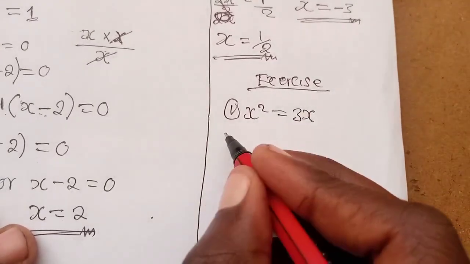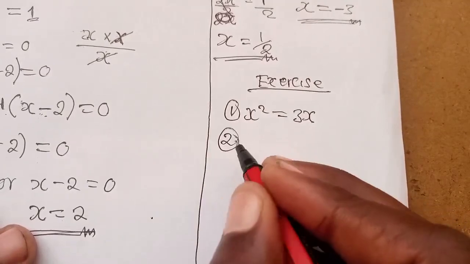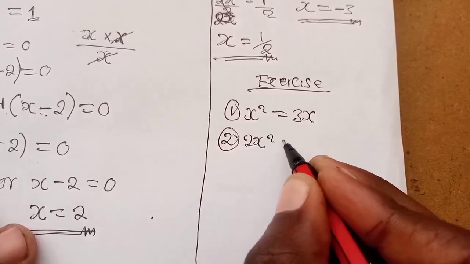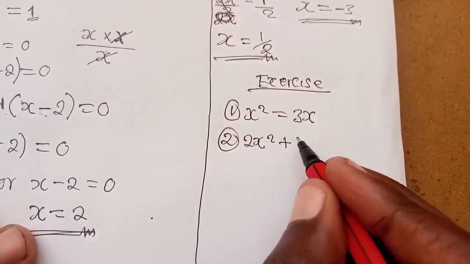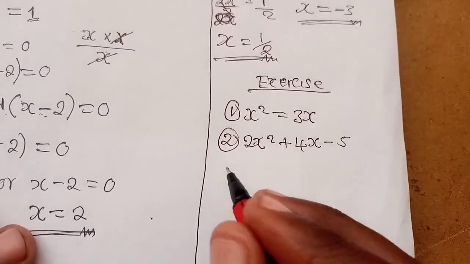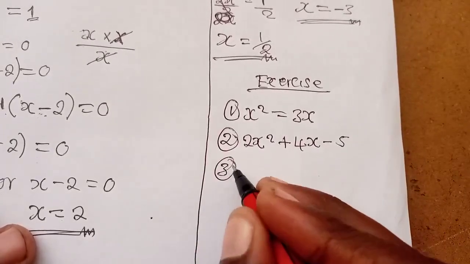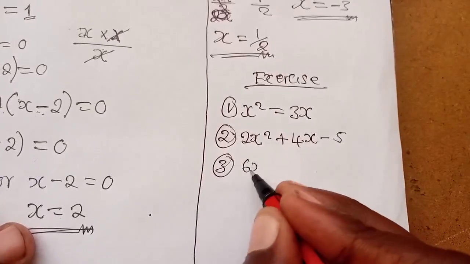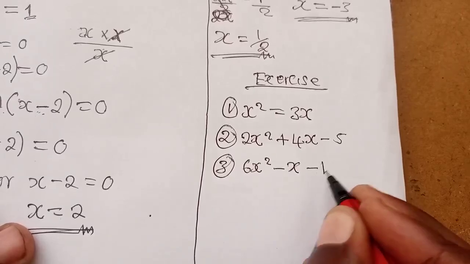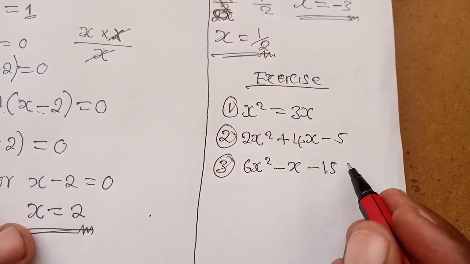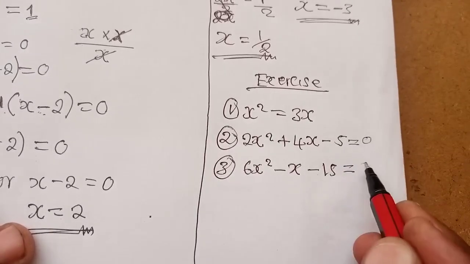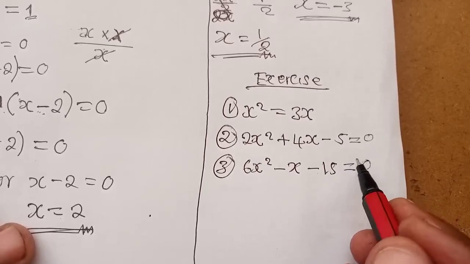Number 2 is 2x squared plus 4x minus 5. Number 3 is 6x squared minus x minus 15. These are the equations that I want us to solve.